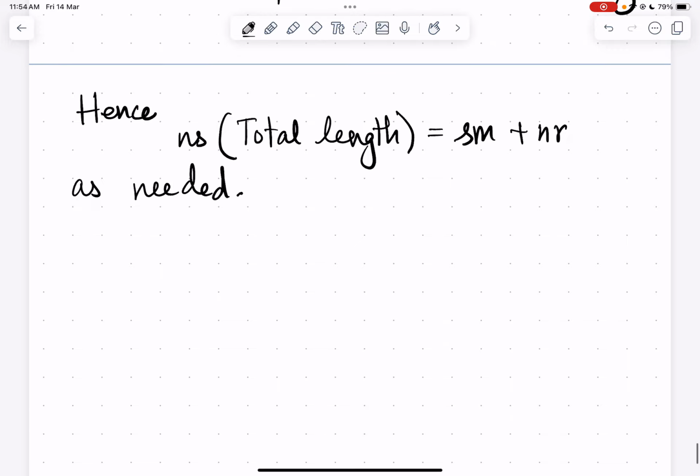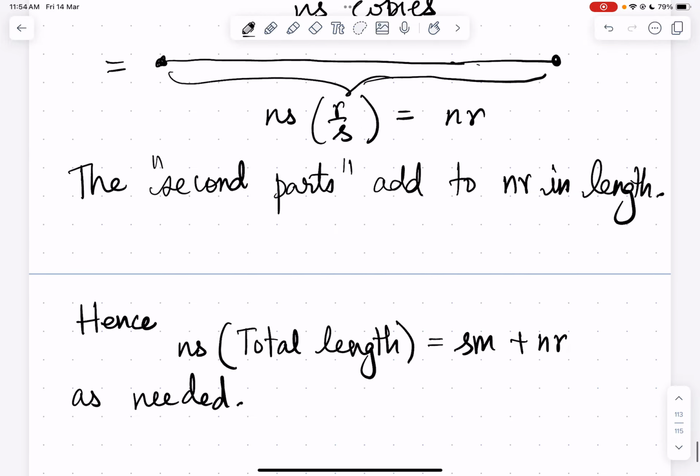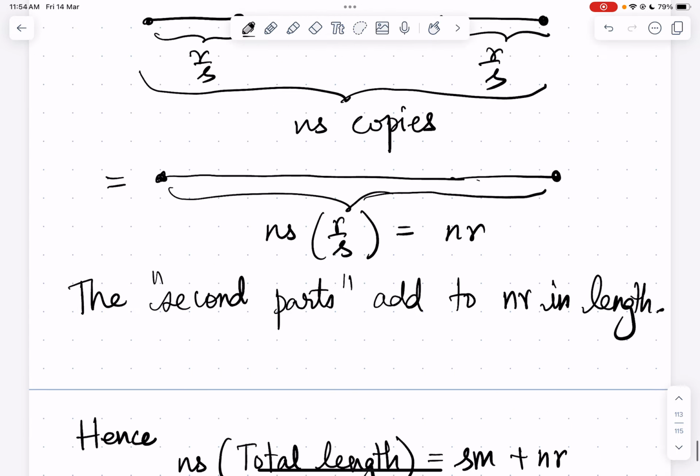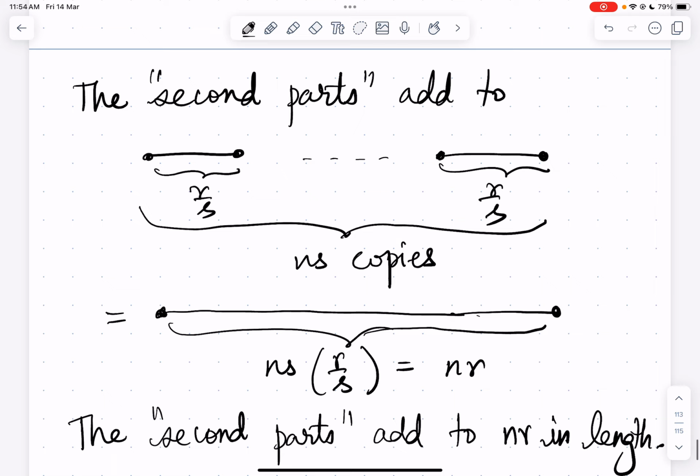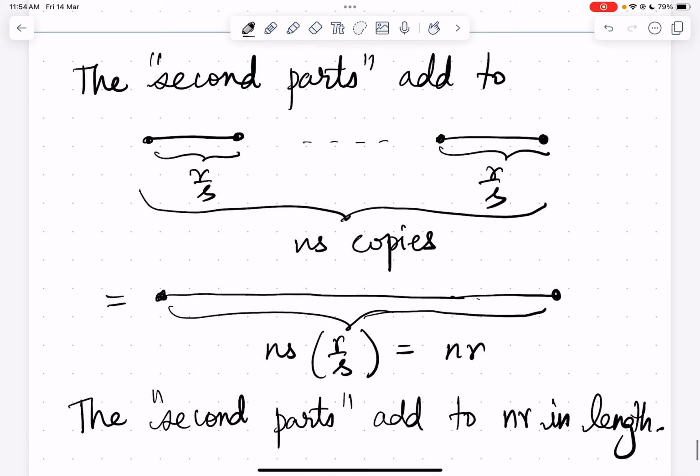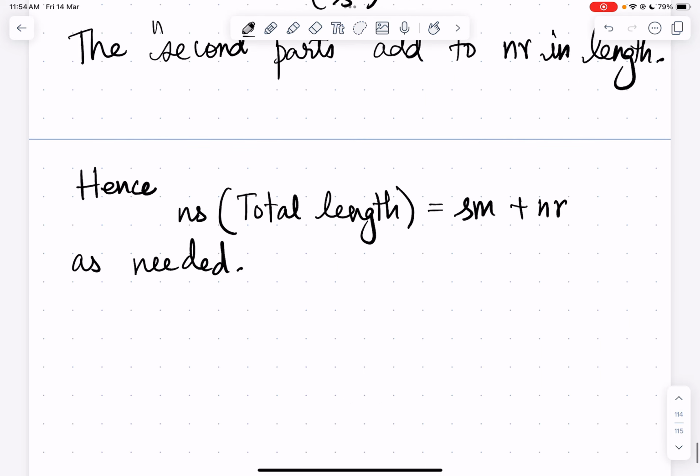If we take ns copies of total length, the length which we get is ms plus nr, because the first parts add to ms in length and the second parts add to nr in length. Okay, so we showed that the total length is the sum of the fractions m by n plus r by s.